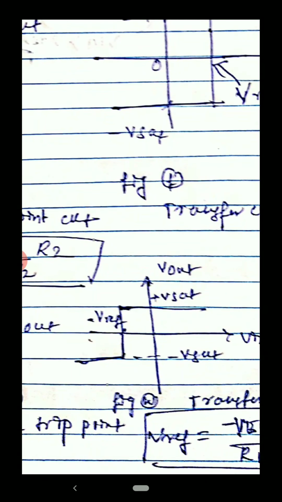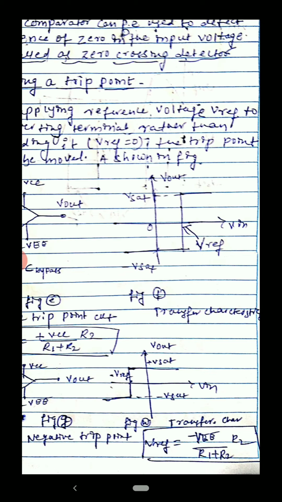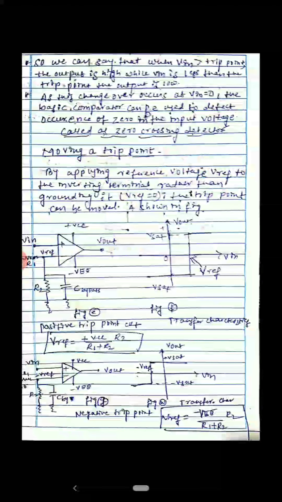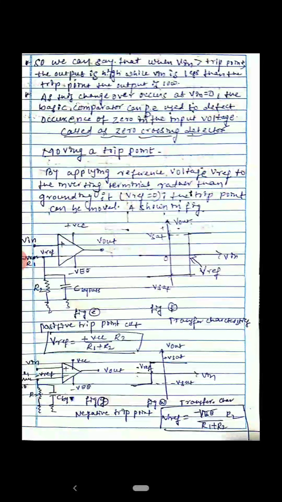If your V input is greater than minus V reference, it is in the negative x-axis. Therefore, if V input is greater than minus V reference, V output becomes positive V saturation. If your V input is less than minus V reference, that means more negative than minus V reference, your output is becoming minus V saturation. Okay, I hope this is also clear.